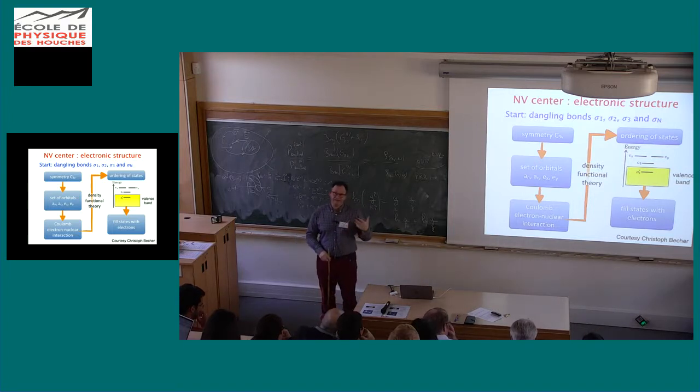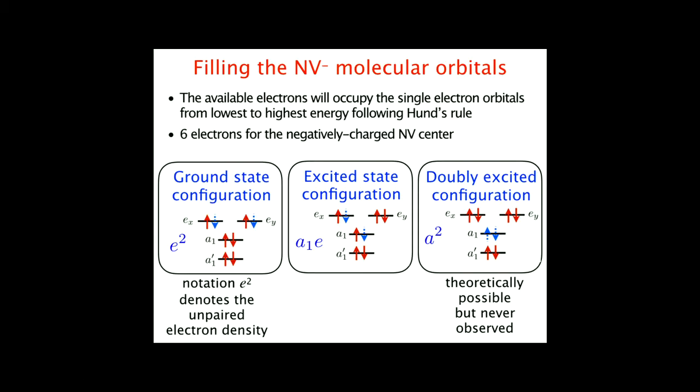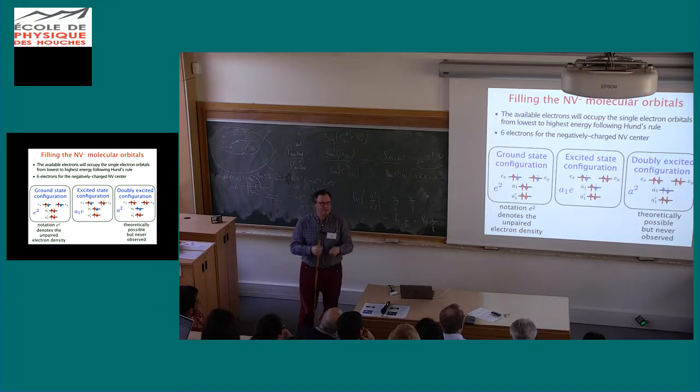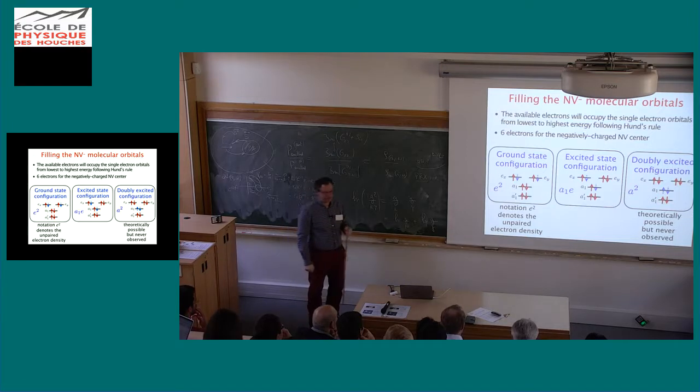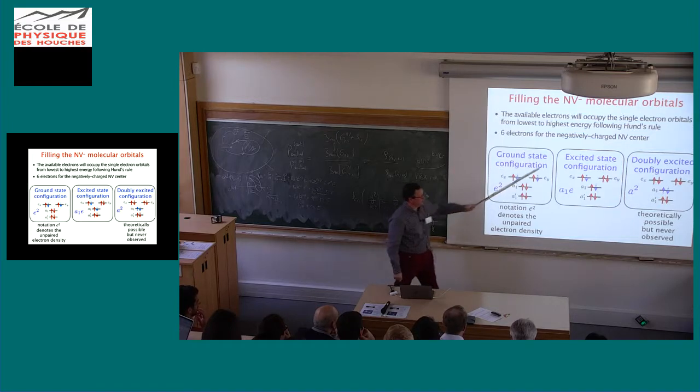This means that I have 5 electrons coming from the crystal, and I have a supplementary electron, which comes, for instance, from a neighboring nitrogen impurity that gives its extra electron to the defect. So I just write it now like that, following very simply Hund's rule, and I'm able to find the ground state electronic configuration and the excited state configuration.